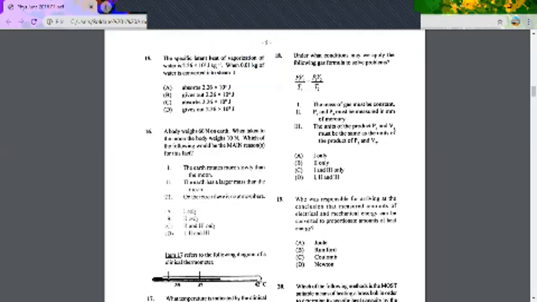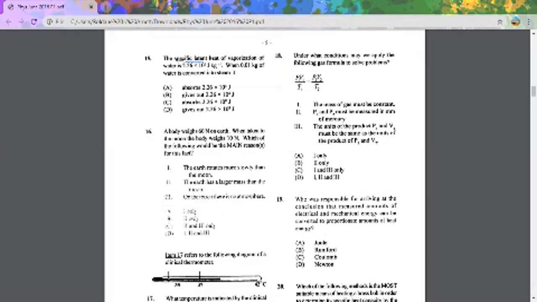But how much would it absorb? So let's go back to this word right here, specific latent heat of vaporization. We'll be talking about 1 kilogram of water. So the amount of heat it takes to turn 1 kilogram of water into vapor would be this number right here.